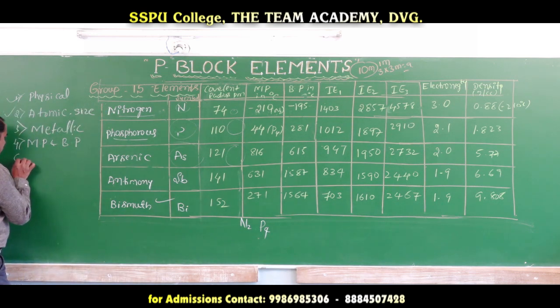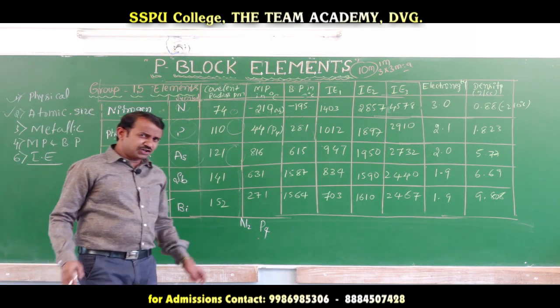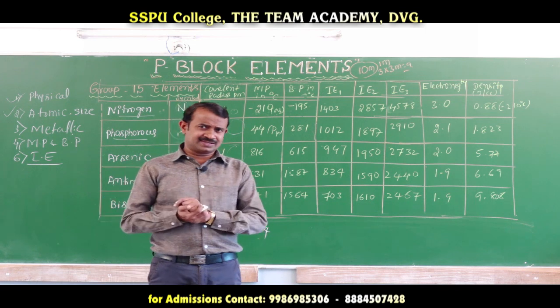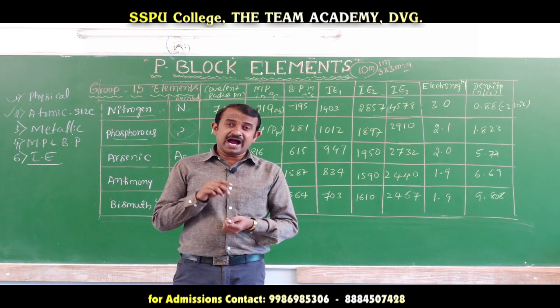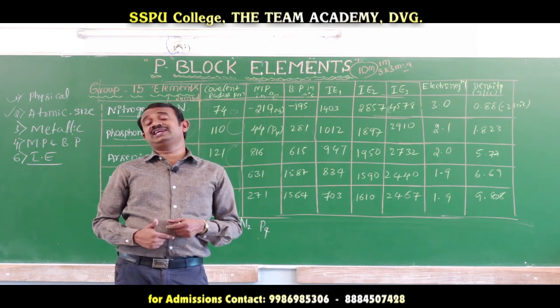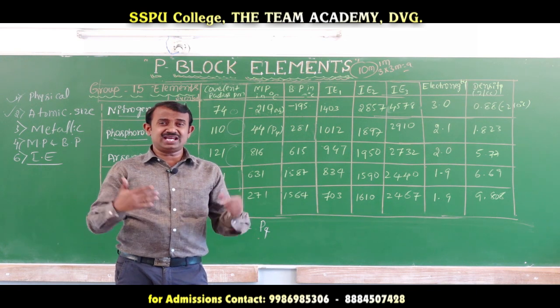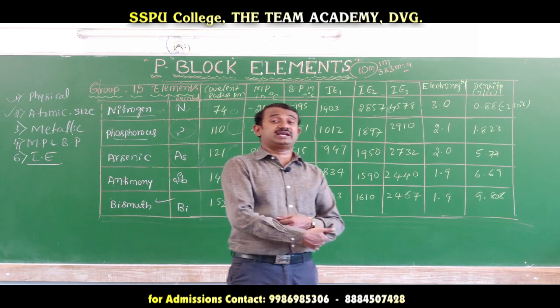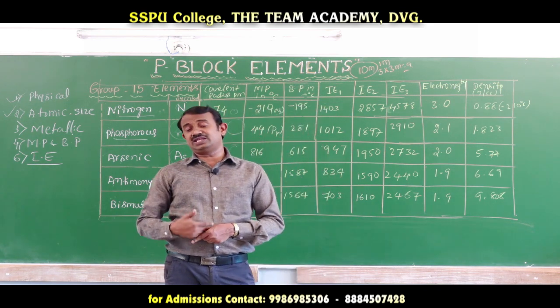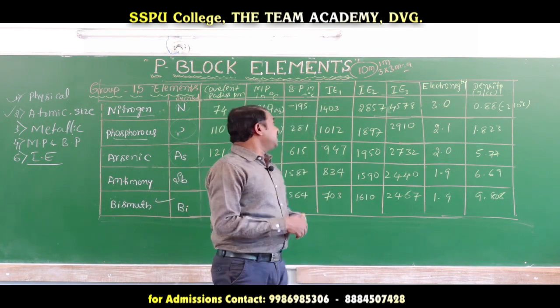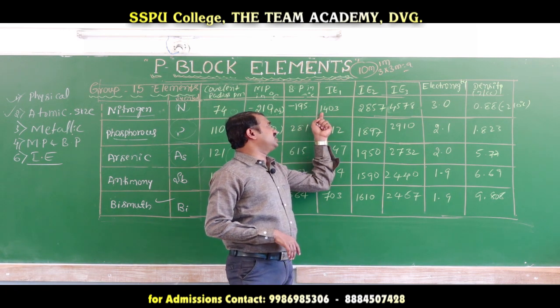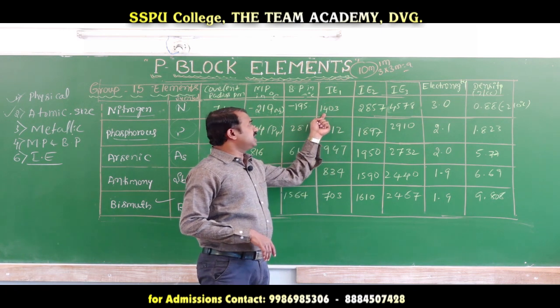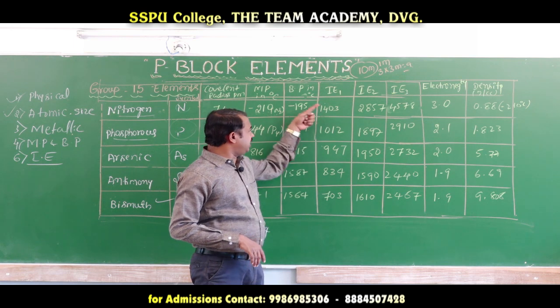Next we will go for ionization energy. Ionization energy means that if the atomic size increases going downwards, the ionization energy automatically decreases in order. There is first ionization energy, second ionization energy and third ionization energy, which is the loss of electrons when the bond is cleaved. The first ionization energy in kilojoules per mole decreases going downwards.